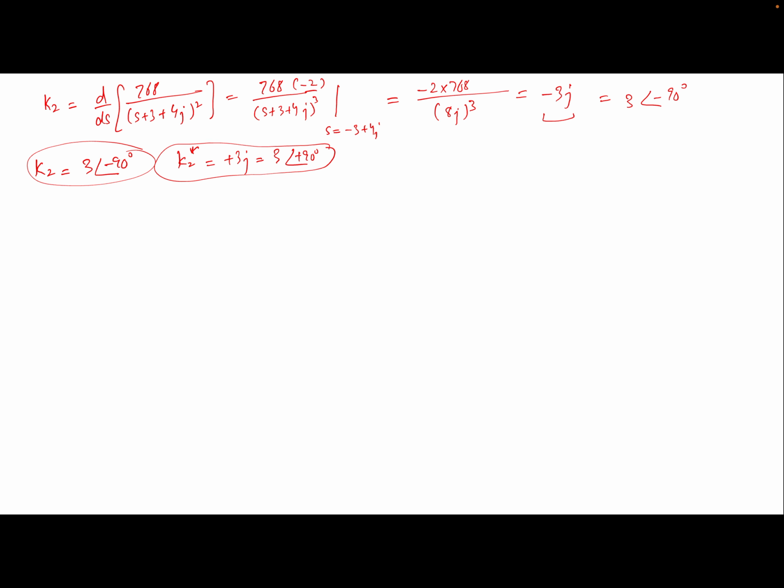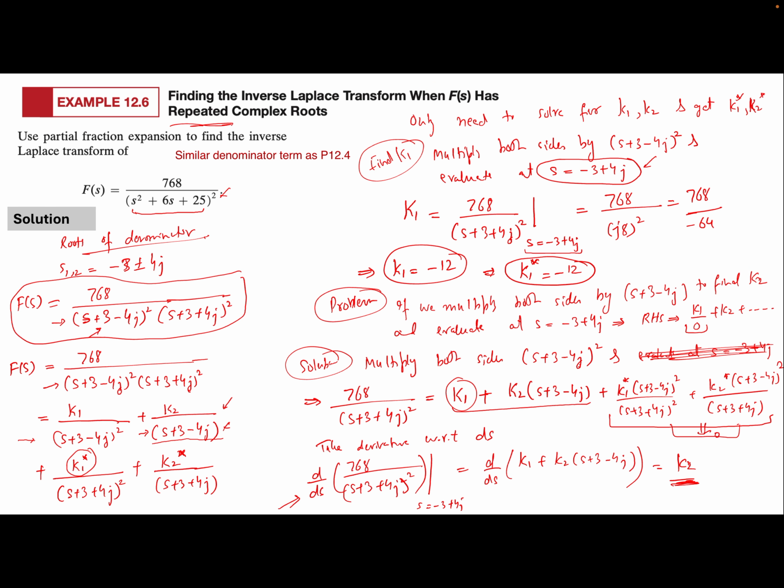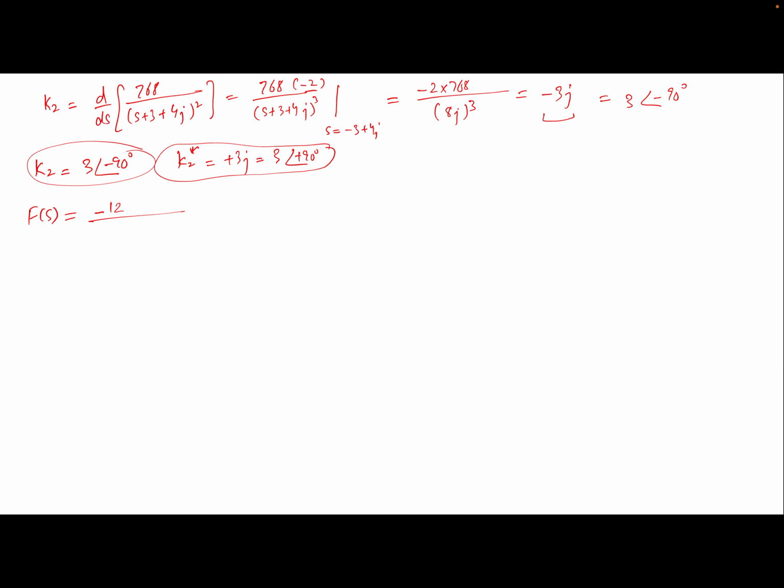Okay, so once you find all of these, we can easily express f of s in the form of its partial fractions. K1 and K1 prime were minus 12, and K2 and K2 prime were these complex numbers. So minus 12 over (s plus 3 minus 4j) whole square plus minus 12 over (s plus 3 plus 4j) whole square.